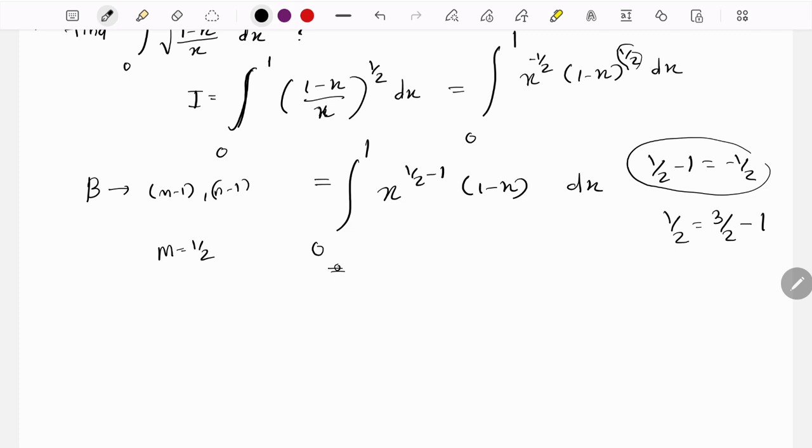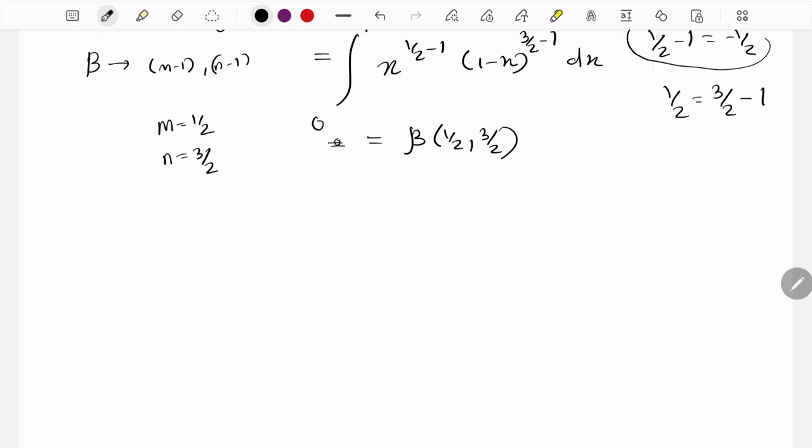That is 1 by 2. Okay. So this power is 3 by 2 minus 1. So here n equals 3 by 2. So this is equal to beta of m comma n, that is 1 by 2 comma 3 by 2.